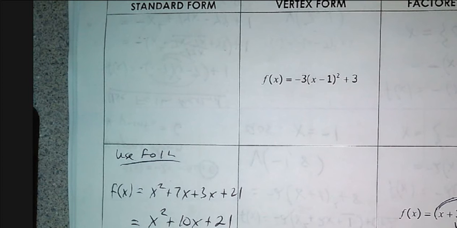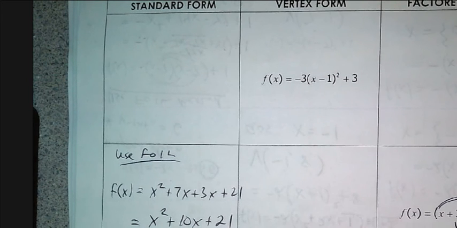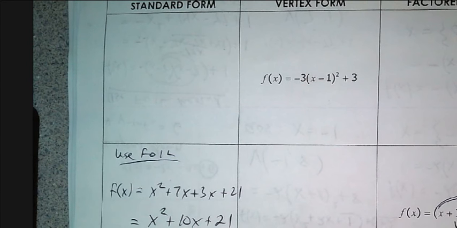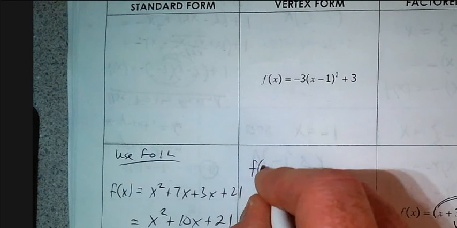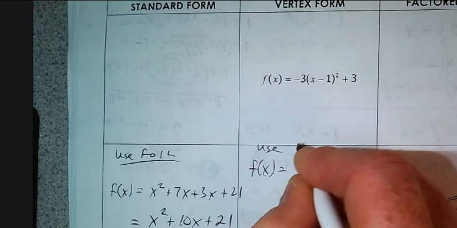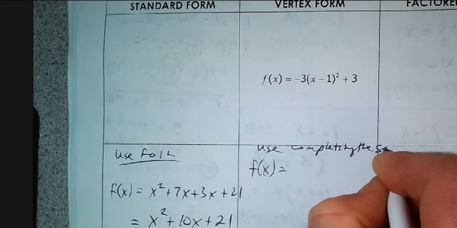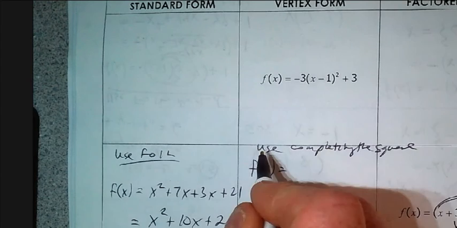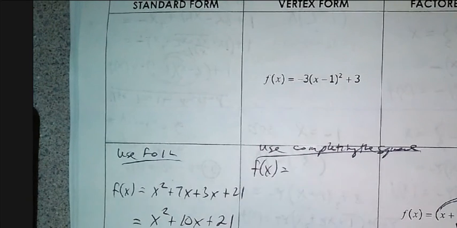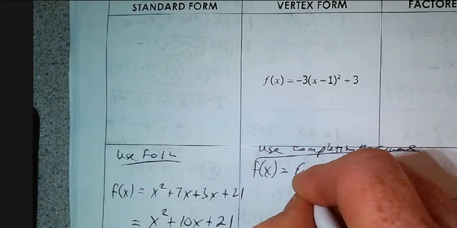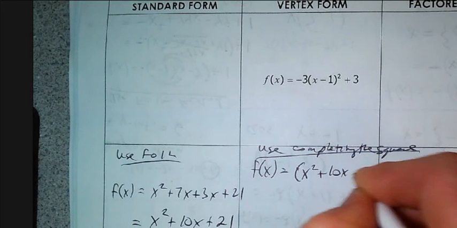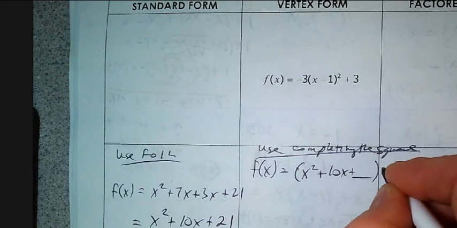Okay, so now we have to convert from standard form to vertex form using completing the square. So f of x, I'm going to write that. Use completing the square. Alright, so f of x equals parentheses x squared plus 10x plus blank plus 21 plus blank.